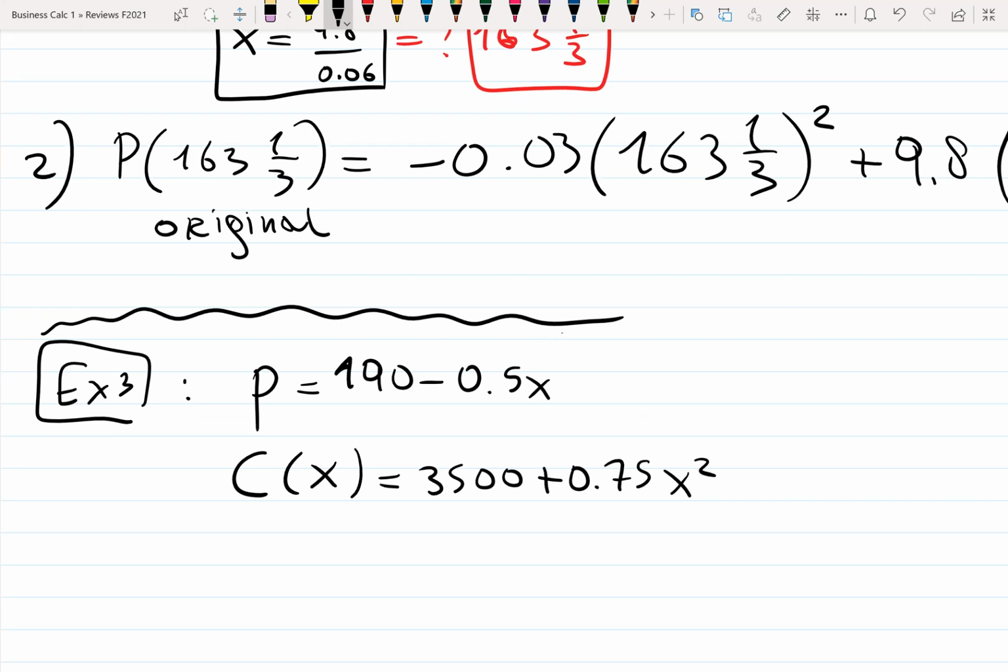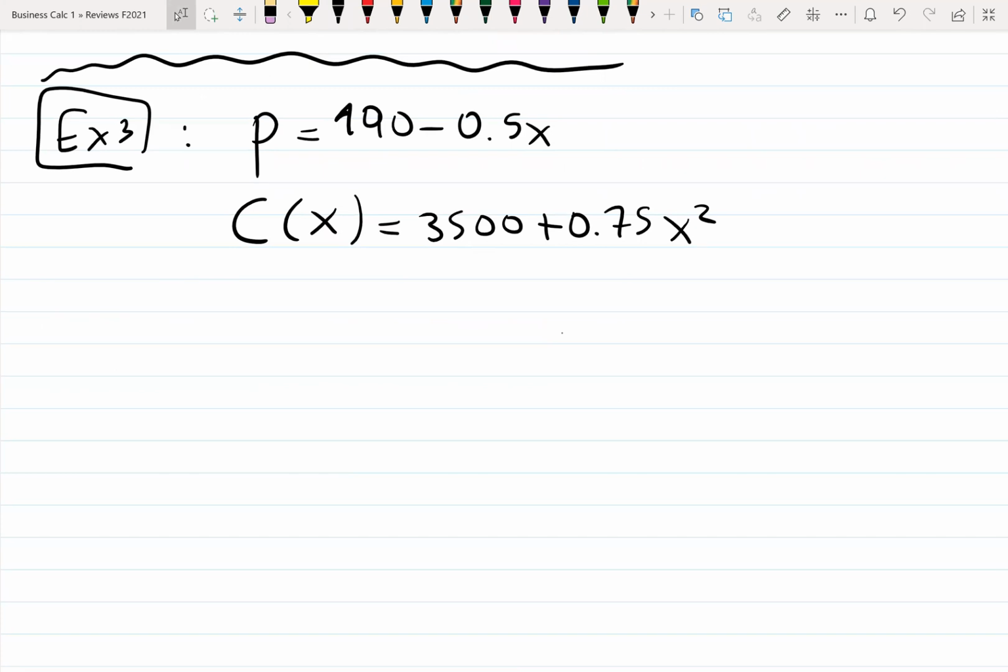If you do these problems long enough or many times, you figure out the pattern here. Questions. A, find revenue. Revenue is what? If it's not given, what do you think is revenue? X times P. It's x, number of units we have, times the price we're charging per unit.